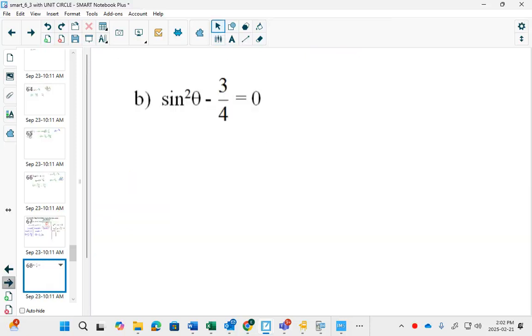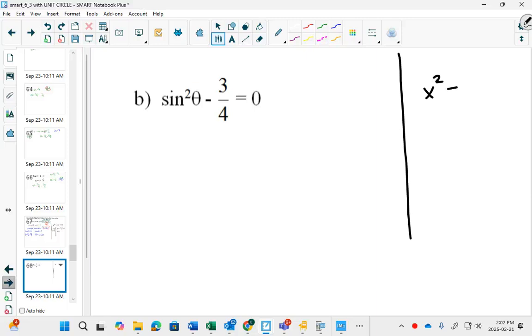So now we have to think about our factoring and solving strategies. If I had this, okay, in your brain, don't write this down, but in your brain, think about if you had this with just an x, what would you do to solve? Would you get the x squared by itself and then square root both sides?